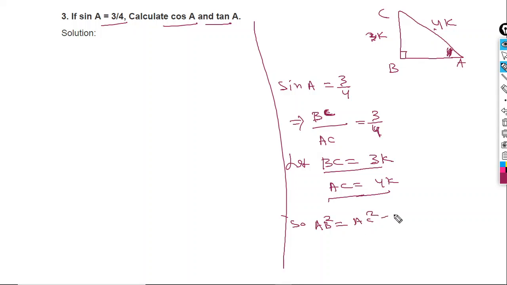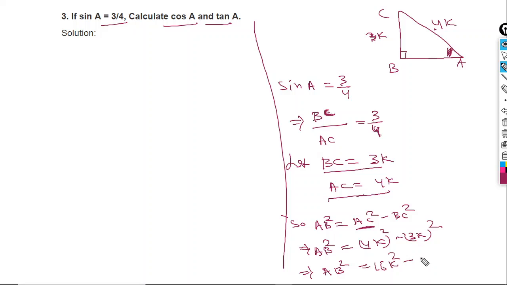AC is 4K, that means 4K square minus BC is your 3K, 3K square implies AB square is equal to 4K square is your 16K square, 16K square minus 3K square is your 9K square. Okay.